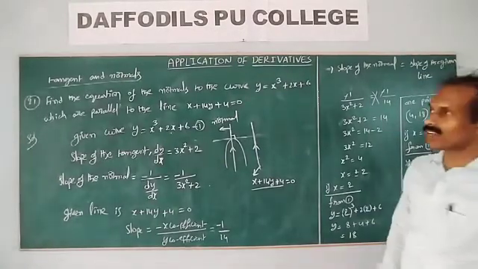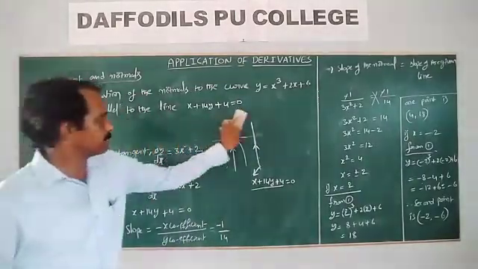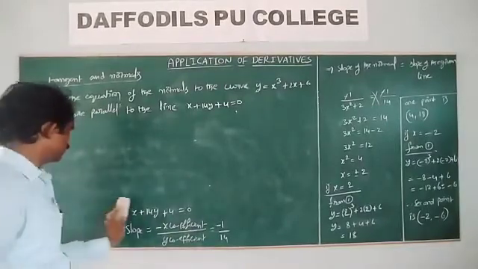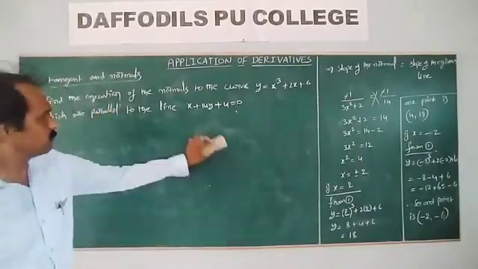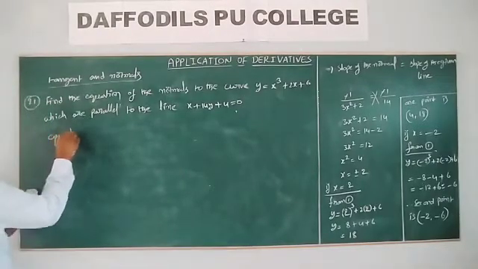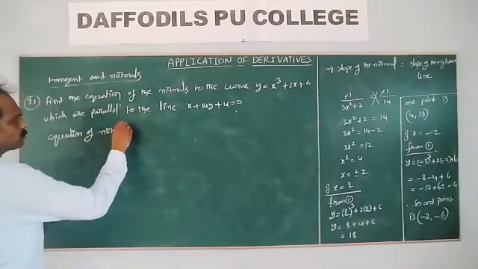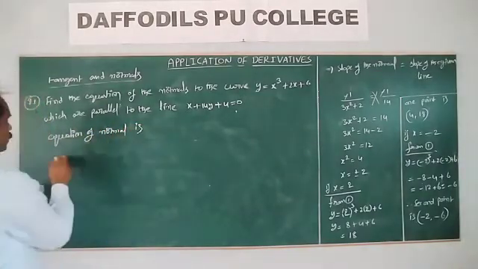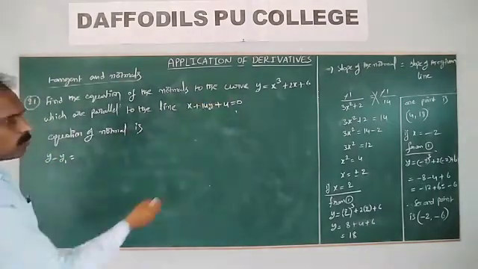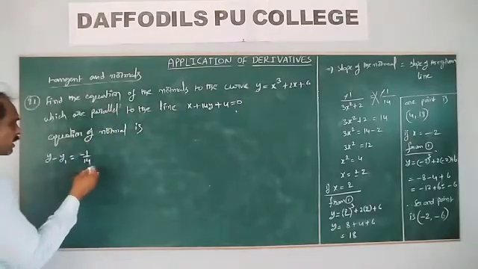Now we will find the equation of the normals. The equation of normal is y minus y1 is equal to slope times (x minus x1). The normal is parallel to the given line, so it has the same slope, minus 1 by 14.